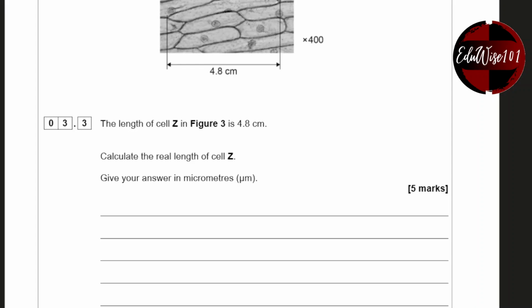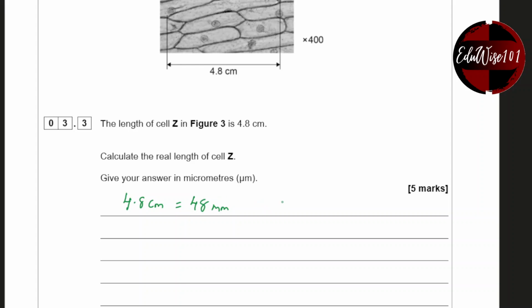So the easiest way to do that, because they want the answer in micrometers, I'm going to convert this length, which is 4.8 centimeters, to micrometers first of all, and then find the cell length. So 4.8 centimeters is actually 48 millimeters, multiplied by 10.